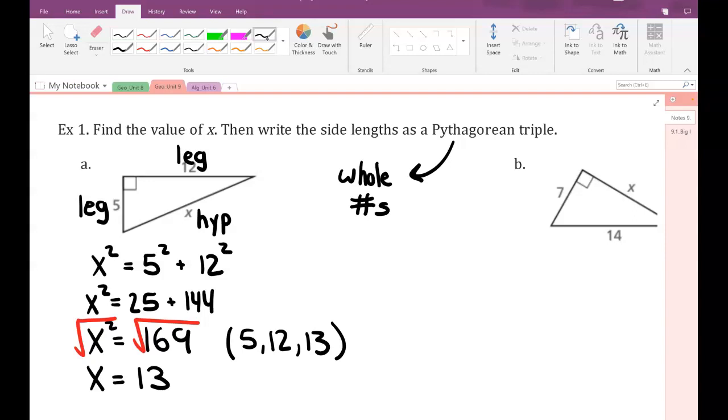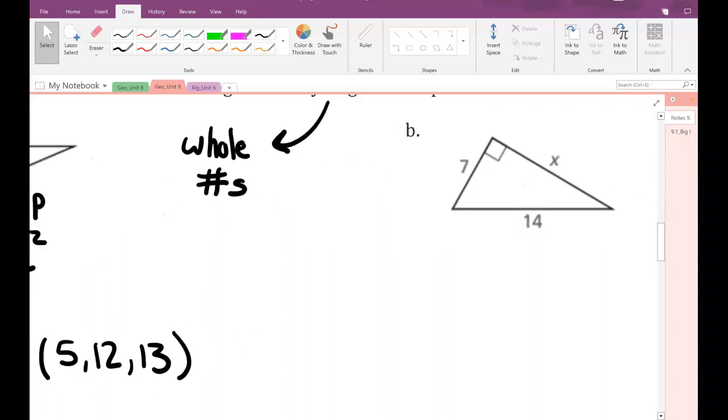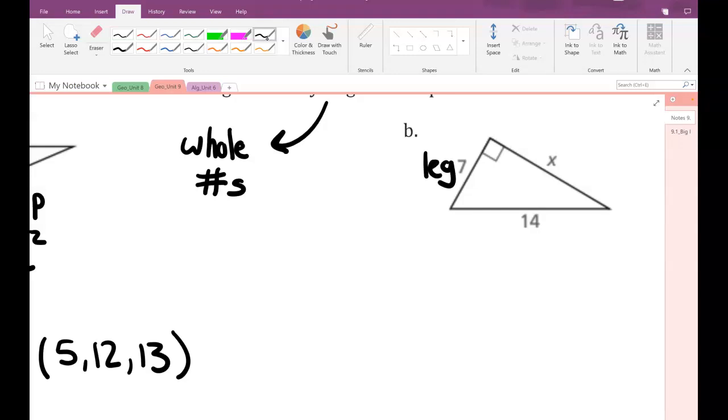If we're solving for a leg, we're using the same formula, but now we're just setting up our equation differently. 7 is a leg, x is a leg, 14 is our hypotenuse.